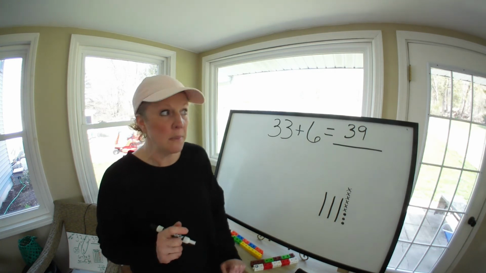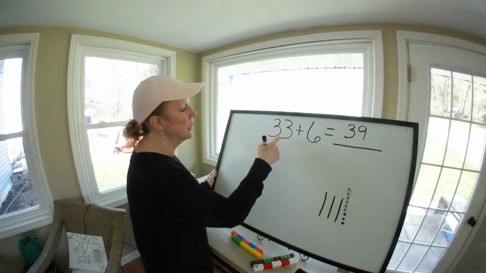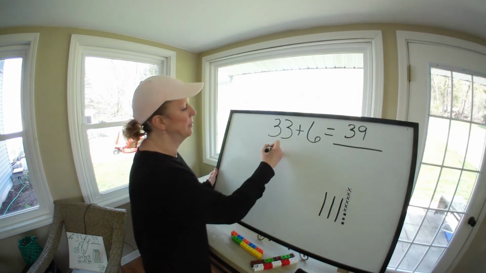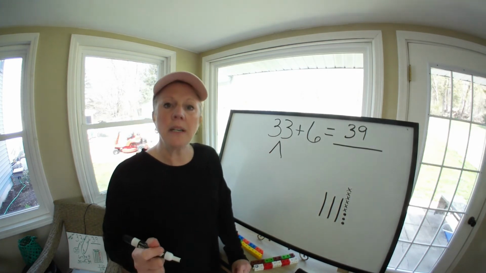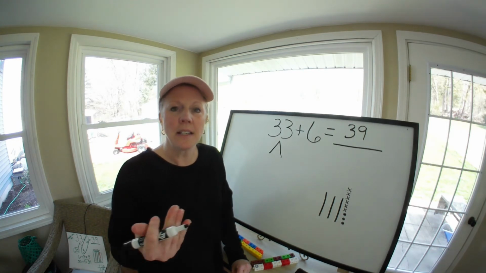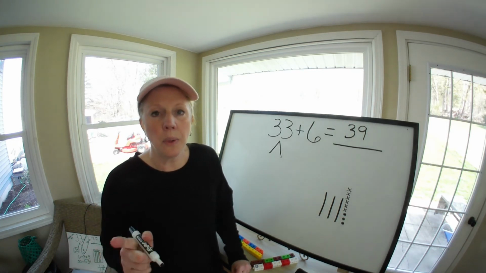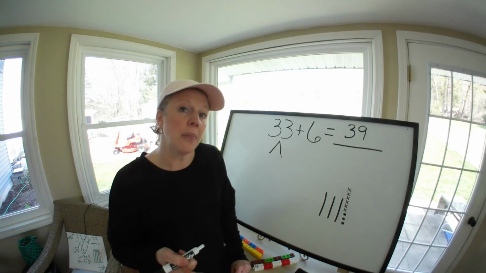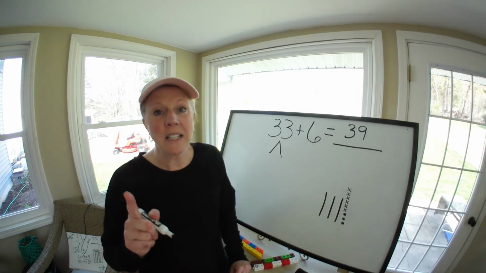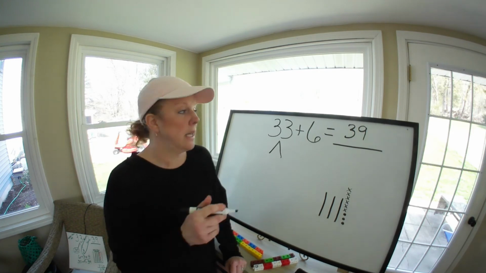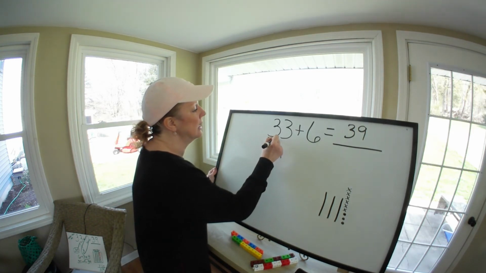Now, follow me. What I'm going to do is take this number here, this 33, and break that 33 down into tens and ones. And the way you do this is by looking at the tens digit, and then you look at the ones digit. But you need to stop and think, what does it mean? So I know that these are my tens right here.